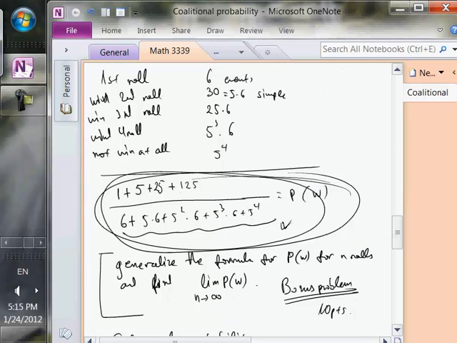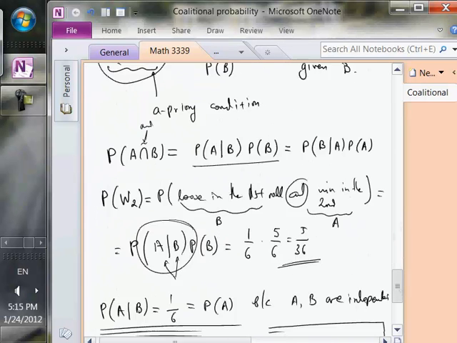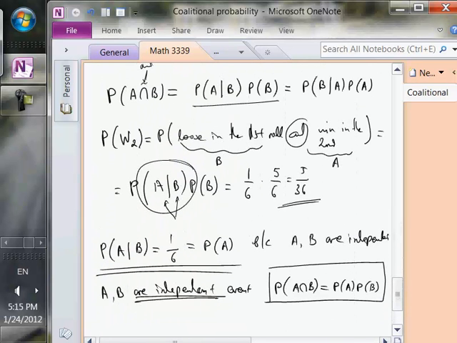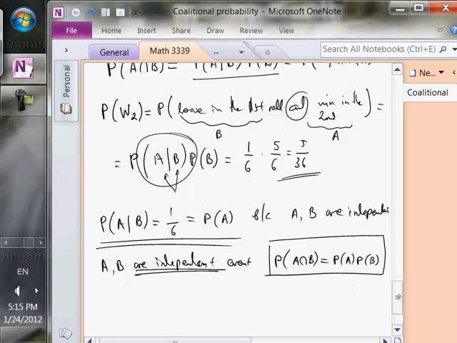This was the correct way to calculate the events, and of course that doesn't come into conflict with the way I calculate here the conditional probability. So we have events that do not depend on each other, and those are called independent events. And if the events depend on each other, when they are not independent, they are called dependent.